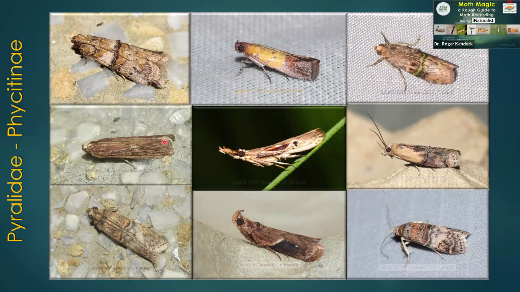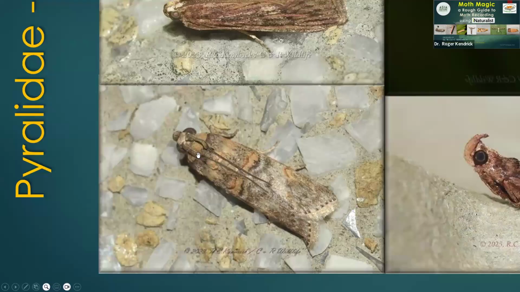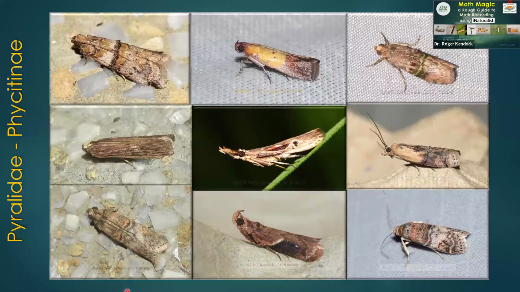Elongate posture, antennae modified at the base for every male species. If you zoom in on these, where's my zoom in? I know there's a zoom in here somewhere. Come on, that one. So zoom in, you can see the basal modification to the antenna. That is a male thing in all Phycitinae.